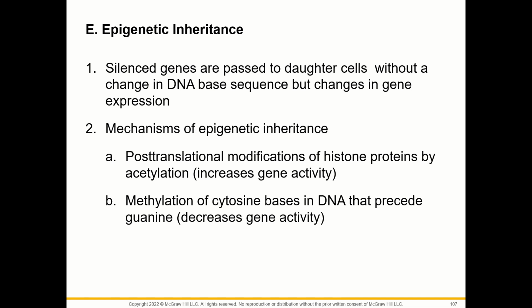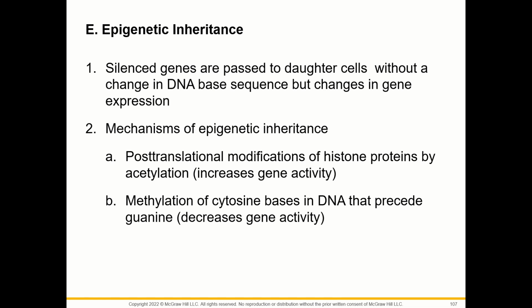Other genes may be silenced in all the cells in a tissue, or even in all the cells of the body. Such long-term gene silencing occurs either in the gametes, and so is inherited, or in early embryonic development. The silencing of these genes is carried forward through cell division to the daughter cells. Other mechanisms involving post-translational modifications of histone proteins increase gene expression and are carried forward to daughter cells. Because such heritable changes in gene expression do not involve changes in the DNA-based sequence, they constitute epigenetic inheritance.